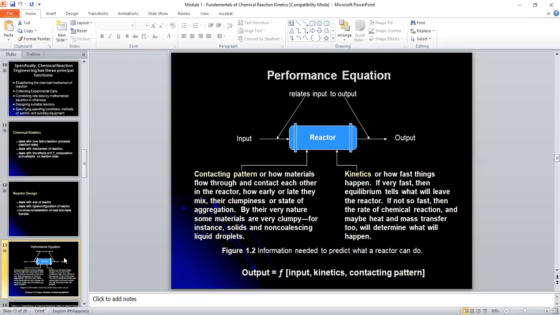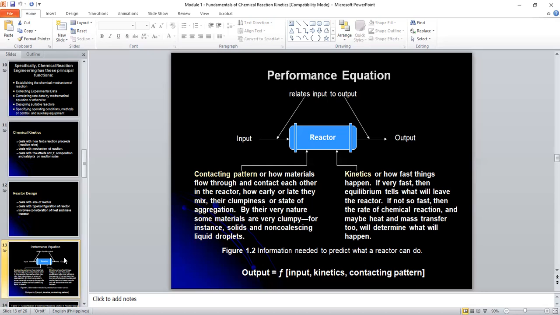By their very nature, there are some materials that are clumpy in the case of solids, and non-coalescing liquid droplets. Non-coalescing meaning there's no way that these liquid droplets will aggregate or mix closely with another.